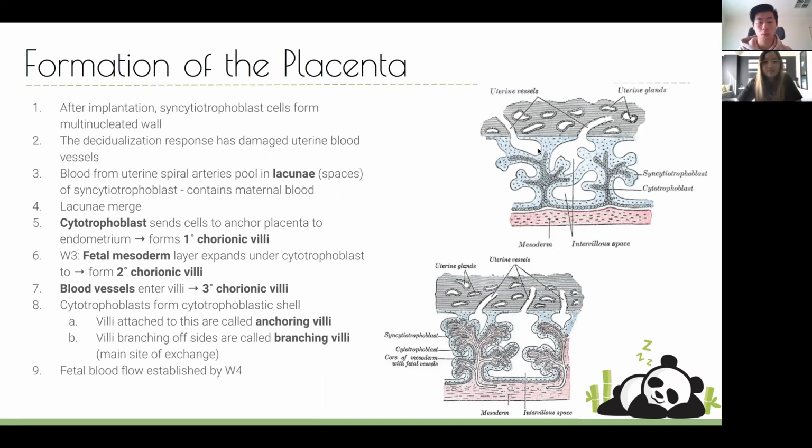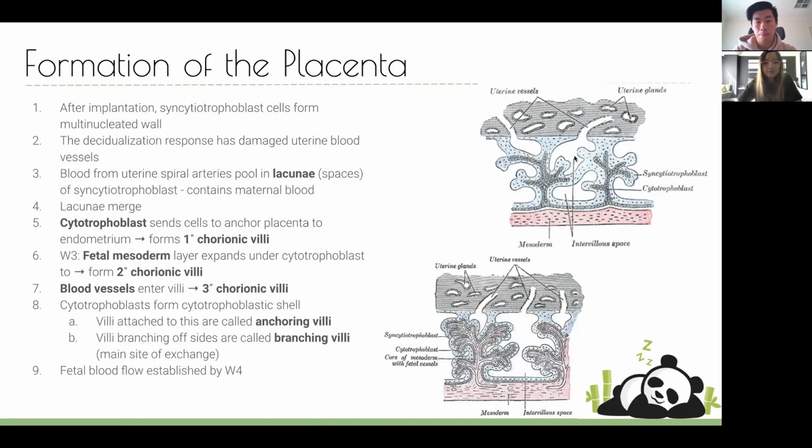Essentially, for these images, the upper part is the mum part, or the uterine vessels part, and you can see the villi here. So that's more towards the fetal side. So you have blood from these uterine spiral arteries, which are called uterine vessels on this picture, and they pool in lacunae, which are just spaces of the syncytiotrophoblasts, which you can see in the blue here.